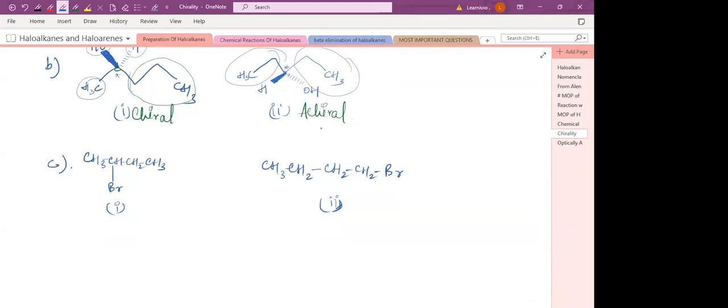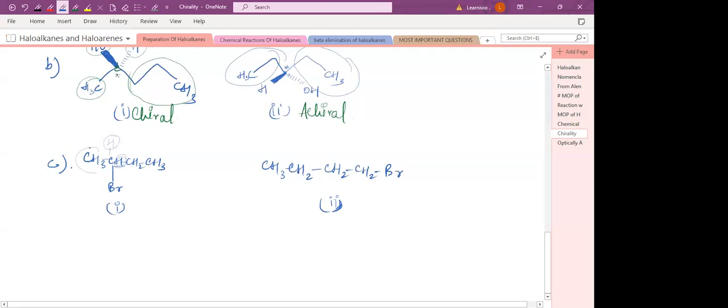Check the carbon, number the carbon, and just check the groups which are attached to that carbon. Groups should be different. Hydrogen is there, right? So you can take hydrogen also as an atom.